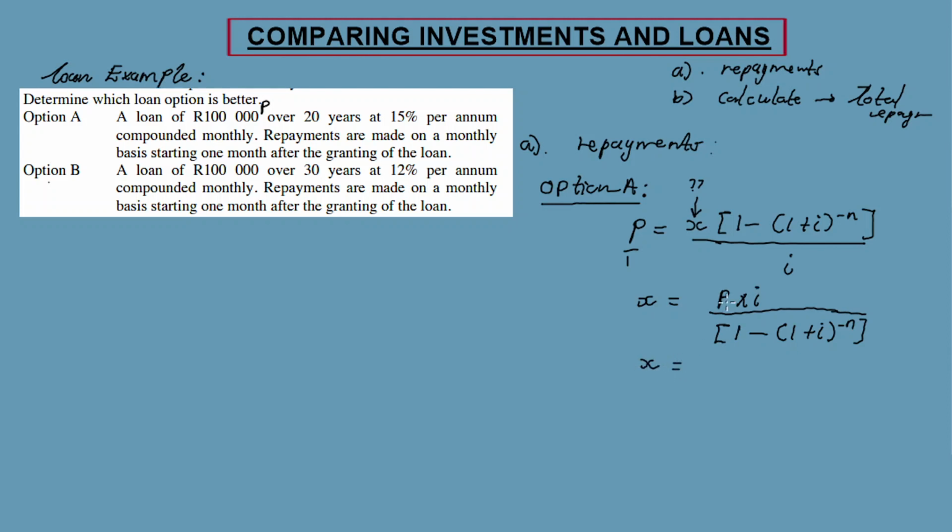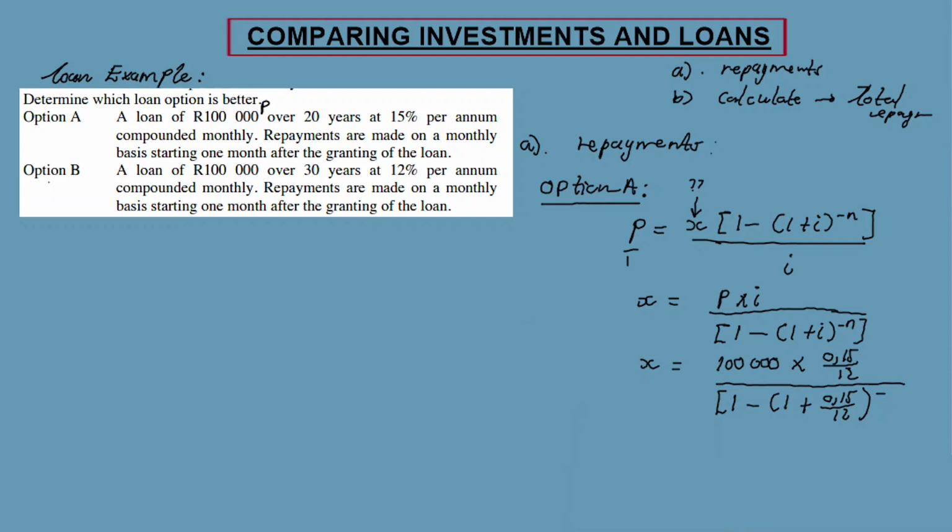So x is equal to the loan taken, it's 100,000 times the interest, 15%, so it's 0.15, compounded monthly, so we divide by 12. Everything divided by 1 minus (1 plus 0.15 over 12). And then what's the value for n?